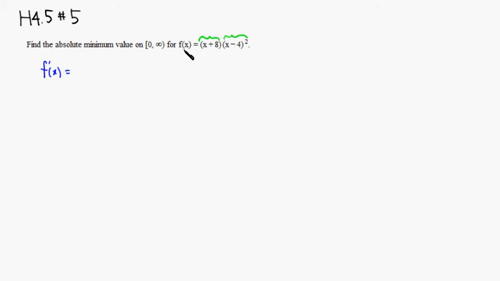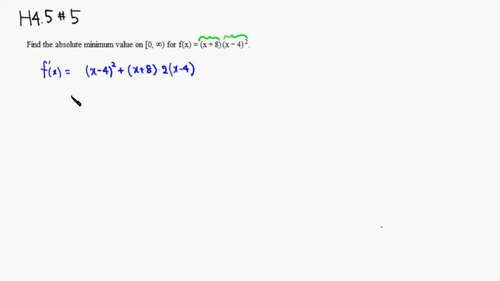The derivative of the first guy is 1 times the second guy, quantity x minus 4 squared, plus the first guy, x plus 8, times the derivative of the second guy, which is 2 in front, keep the same quantity, subtract 1 from the power, and then multiply by the derivative inside, which is 1. This 1 doesn't really do anything, so I'm going to erase that, and here 1 times doesn't do anything either, so we have that.